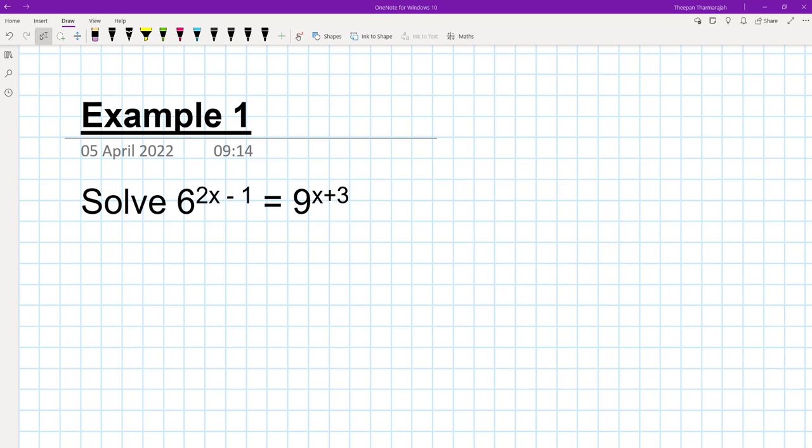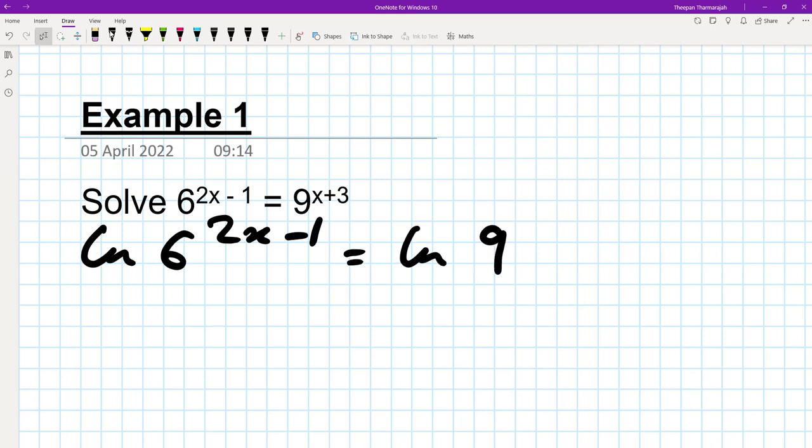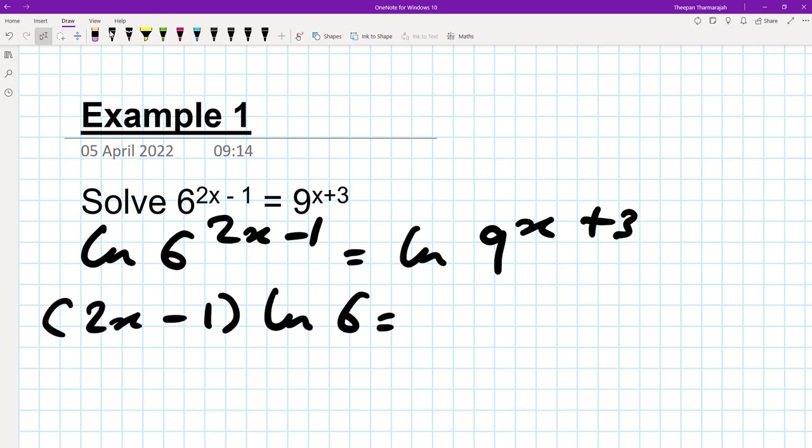Okay, in the next type of example, we've got 6 to the power 2x minus 1 equals 9 to the power x plus 3. So we take the natural log on both sides. Bring the power down. Now expand the brackets.